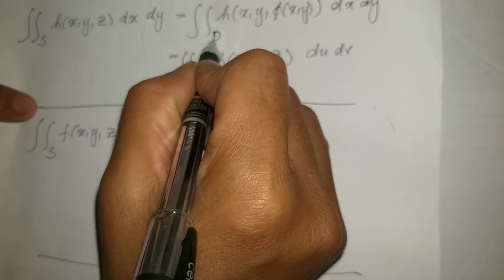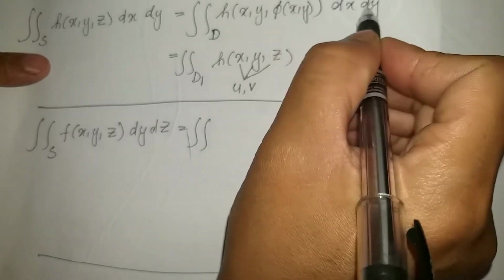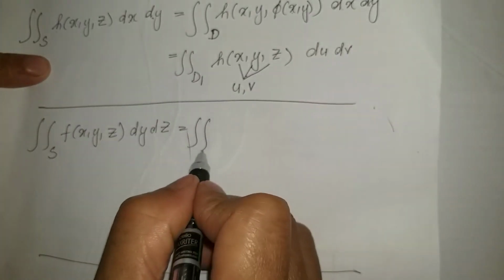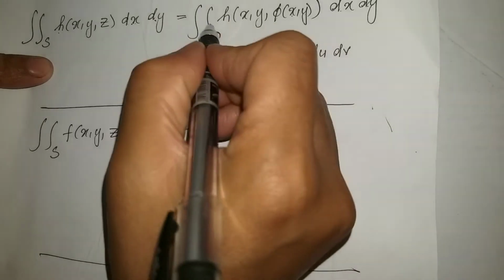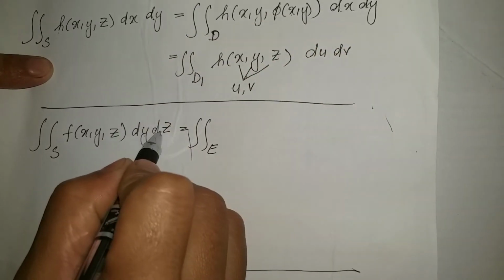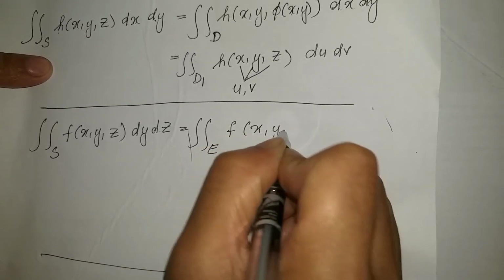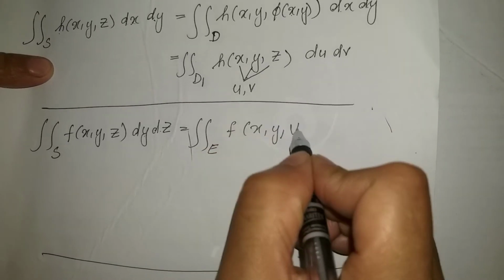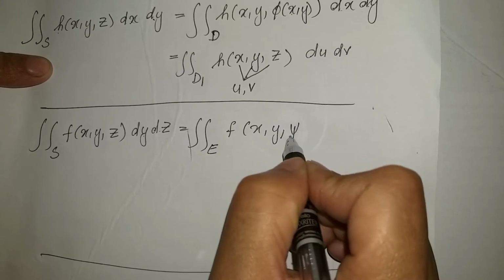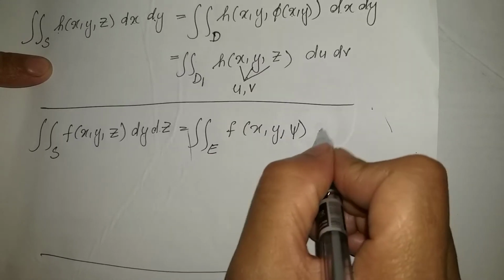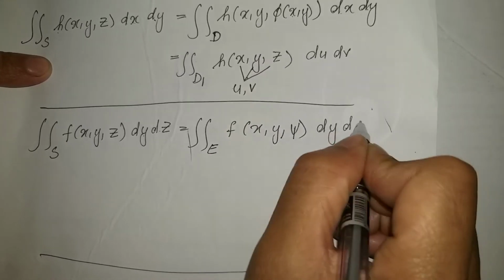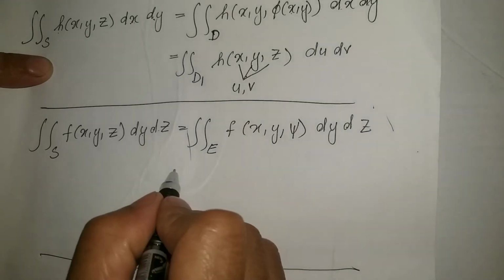This domain is in the yz plane, let me write E for the yz plane, and let the function be expressed by this, and you have dy dz.